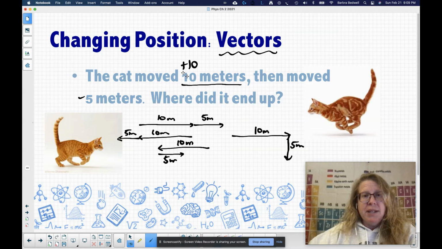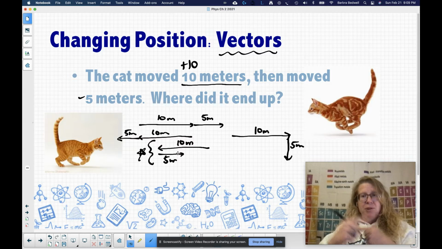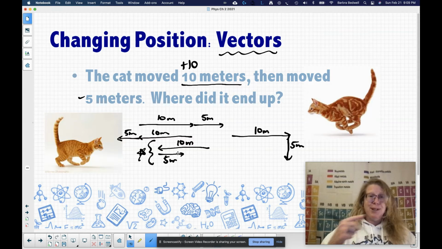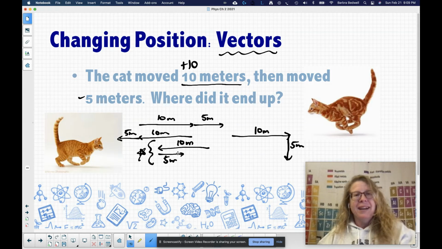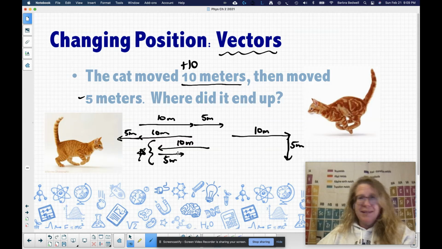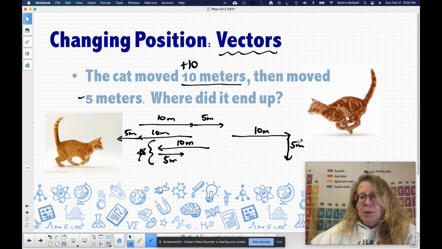So if I said it went plus 10 meters and minus 5 meters, that would be like this situation right here. Plus 10 meters to the left and minus 5 meters to the right. Opposite directions. Notice how I said plus was to the left. That's a little backwards than we would normally do in a graph. It doesn't really matter. I'm just calling that way plus and that way minus. Whatever works. I wouldn't use a plus and a minus in a situation like this. Here, I would actually have to give more of a direction.